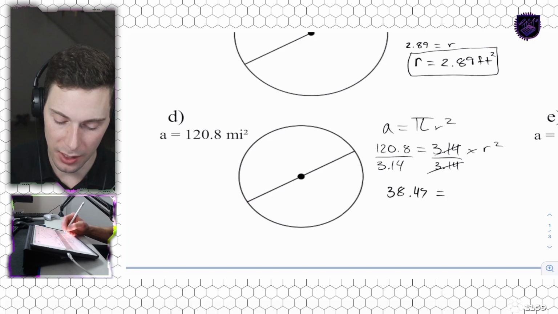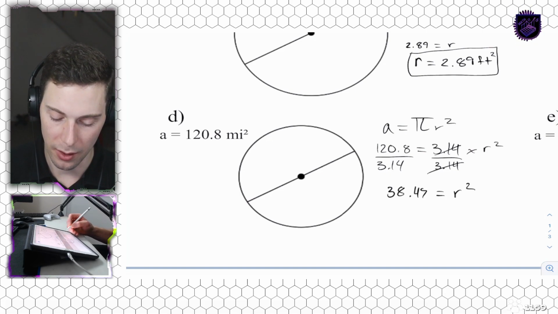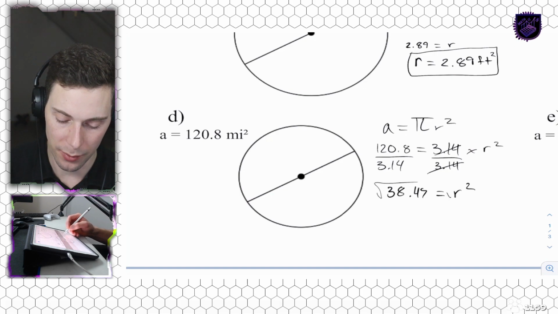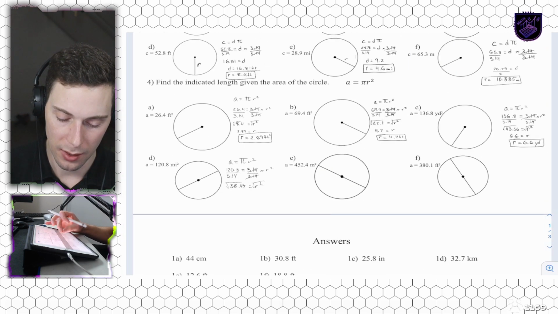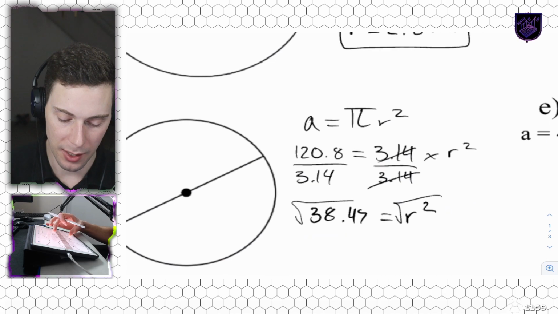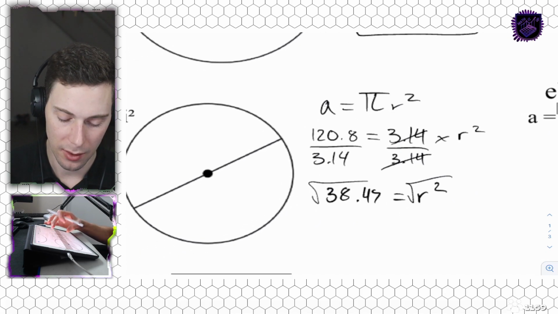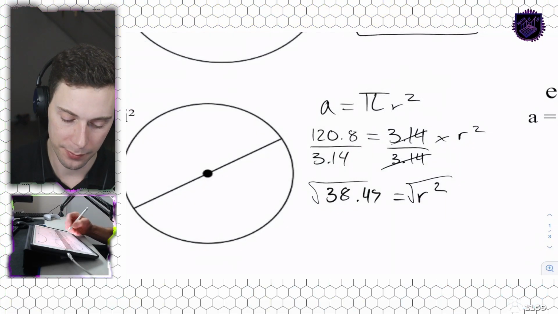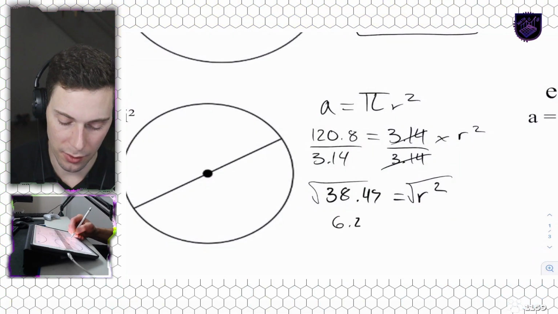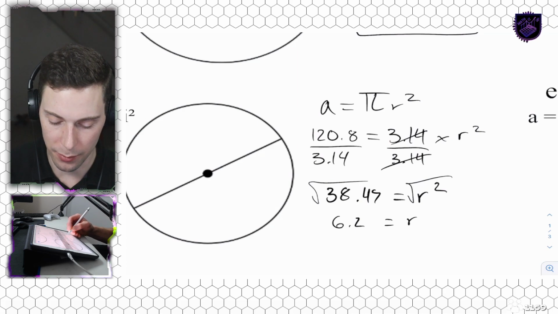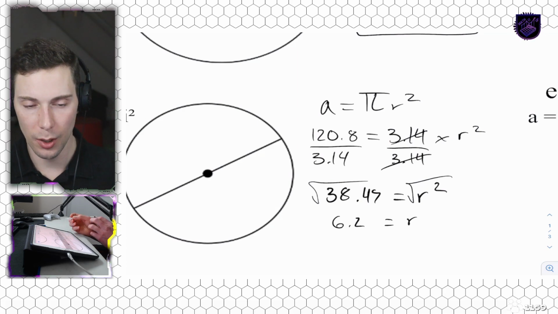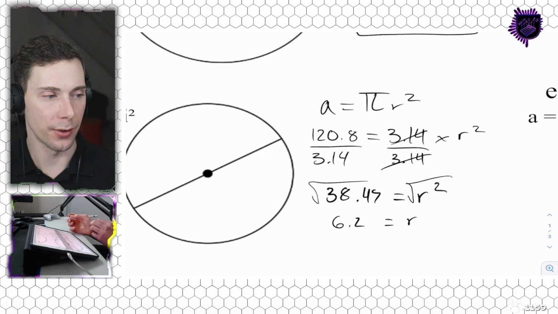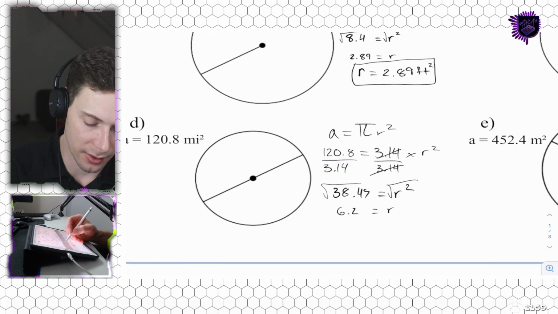38.47 is equal to the square of our radius. Let's do the square root of both of these. Same thing, we're doing the same thing to both sides. Square root, 6.2. 6.2 is equal to the length of our radius. We don't want the length of our radius because this is asking what is our diameter.